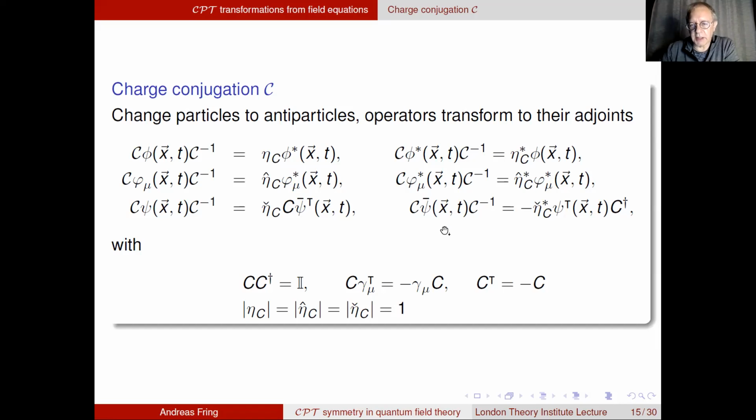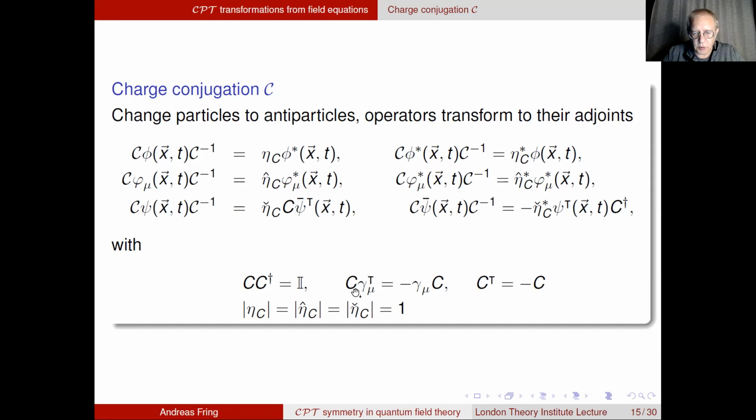And then similarly, you have to do something on the psi bar. When you charge conjugate psi bar, you have to multiply from the right with the C conjugate, and you transform the psi into a row vector. And if you analyze now these equations, C has these properties. It's a unitary operator.